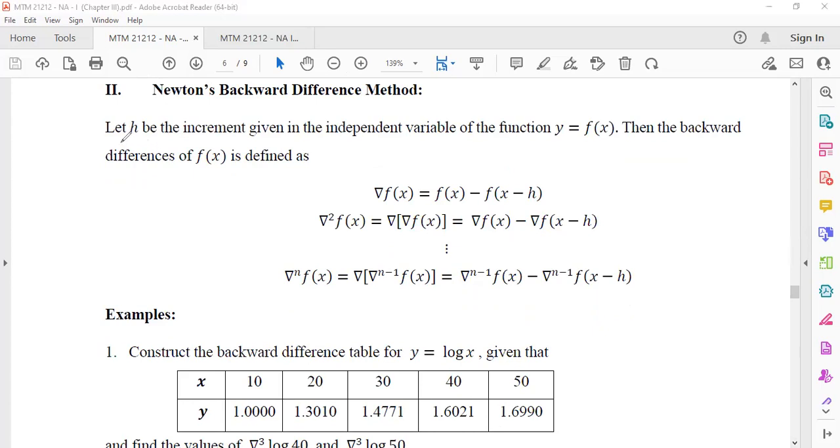Okay. So in the backward increment, given the independent variable of function f(x), the backward difference of f(x) can be written as, here we use the nabla. So nabla of y_n is equal to what? In the backward sense, what is nabla y_n? Can you answer me?